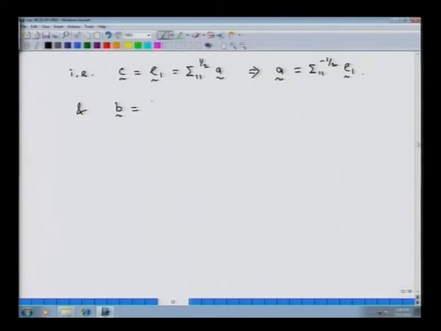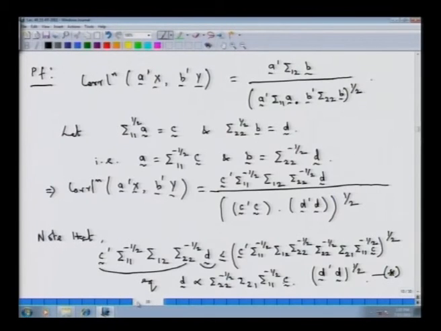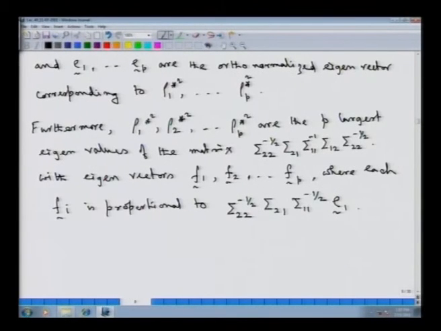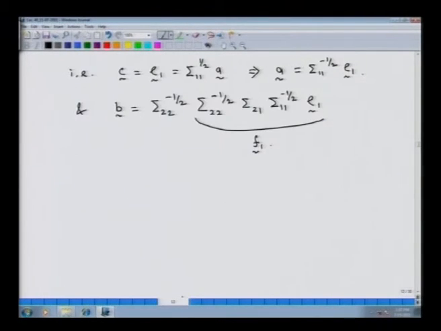So, that we will have b equal to sigma 22 to the power minus half, sigma 22 to the power minus half, which multiplied by sigma 21 sigma 11 to the power minus half times this E1, right. Now, this entire vector is what we are going to call F1. Look at the result statement here. What we had was that this F1 is proportional to this particular quantity here, and hence this is what we are going to have as F1.